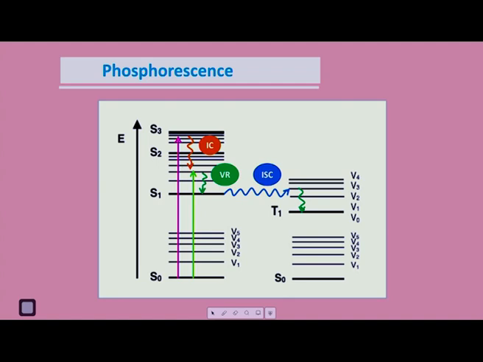From the lowest vibrational level of the triplet excited state, the electron will come down to the ground state of singlet state.